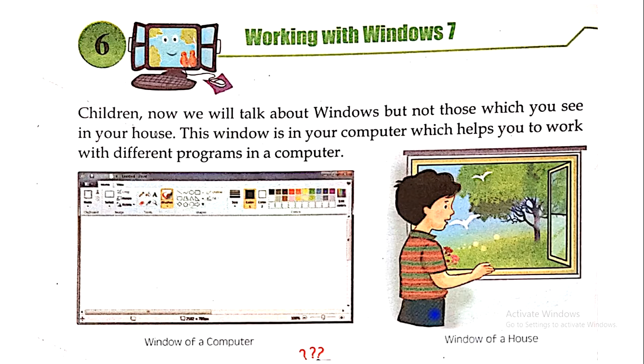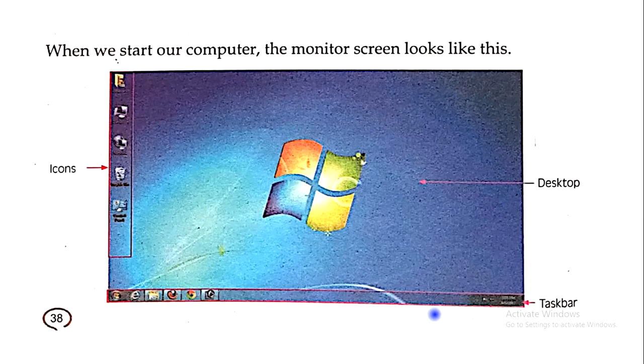In our previous class we started a new lesson named working with Windows 7. In this lesson we learn what windows are in our computer. Windows are basically the screen of a particular program or software, in which we do so many things.